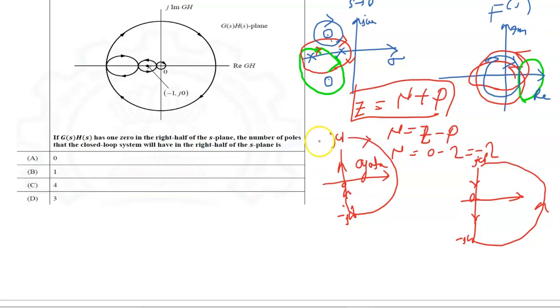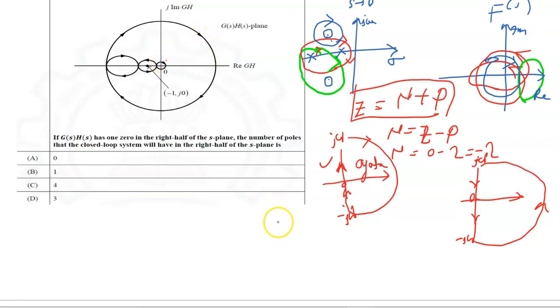So which one will we consider for the Nyquist path to find the number of poles in the right half S plane of G(s)H(s)? Let us consider this path first. You can see the Nyquist path has orientation in clockwise direction. Here the orientation of the encirclement of the origin is also clockwise.